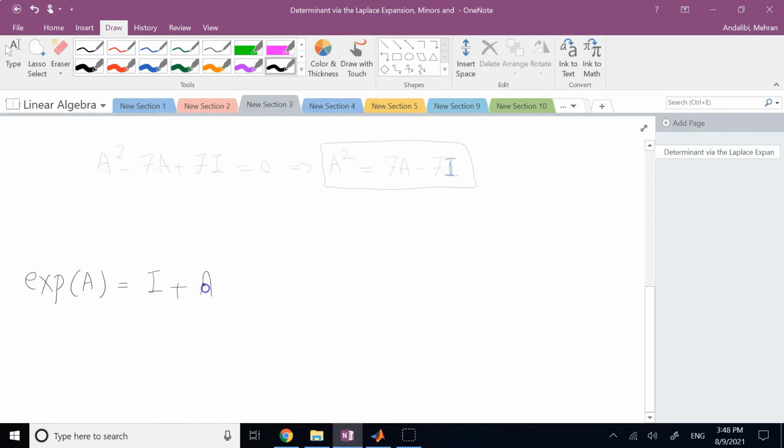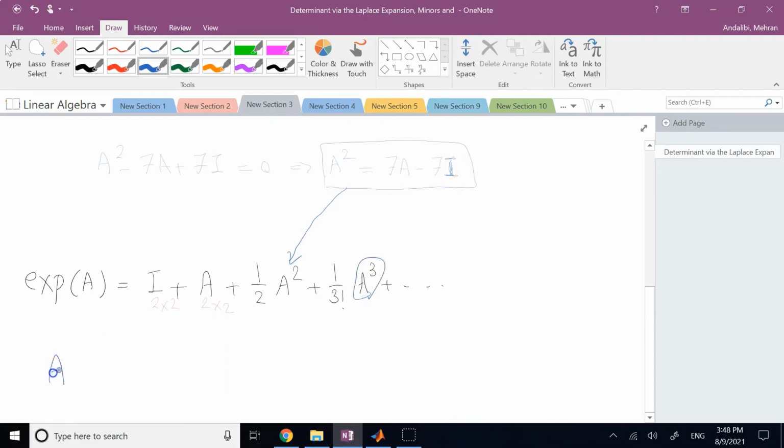So it's going to be I plus A plus 1/2 A squared plus 1 over 3 factorial A cubed and all the way going, right? So now this I is clearly a 2 by 2, fine. This is a 2 by 2, fine. Instead of A squared, I'm going to plug in what? 7A minus 7I.